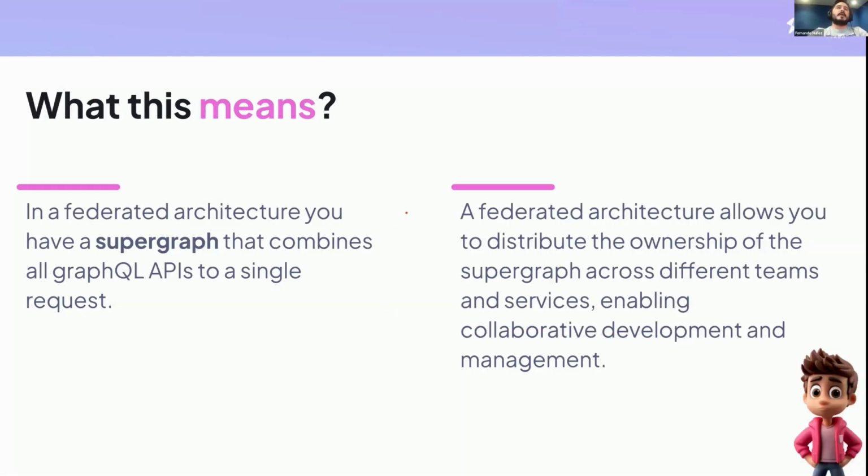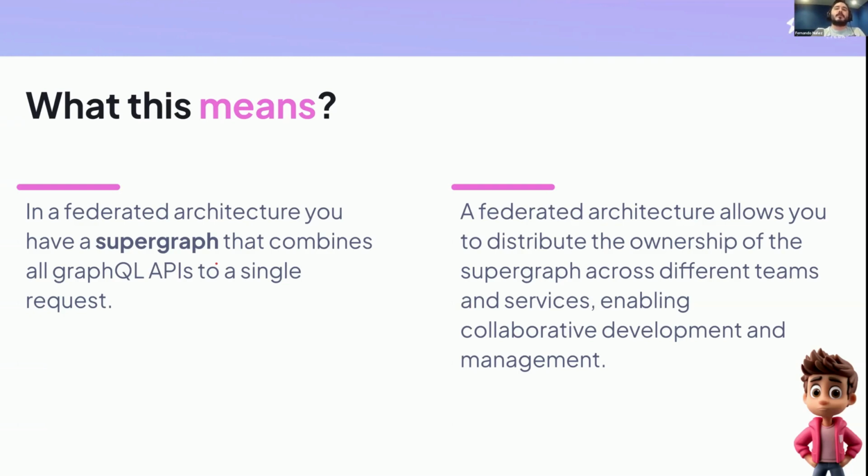Basically, what this means is that in a GraphQL Federation, we have a supergraph that combines all the graph APIs in a single request. This supergraph contains all the schemas of those microservices with additional metadata. So we have a super graph that knows which microservice has which data at the moment that we create a request.